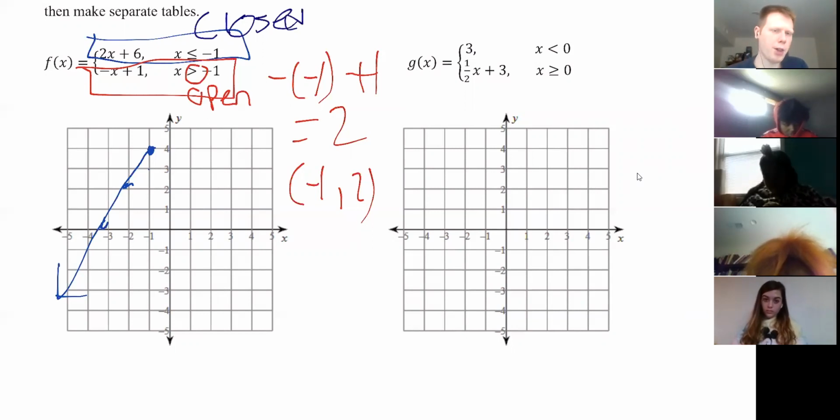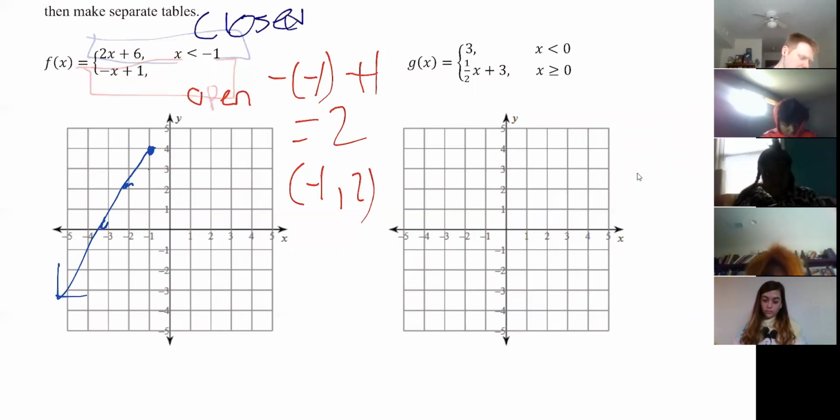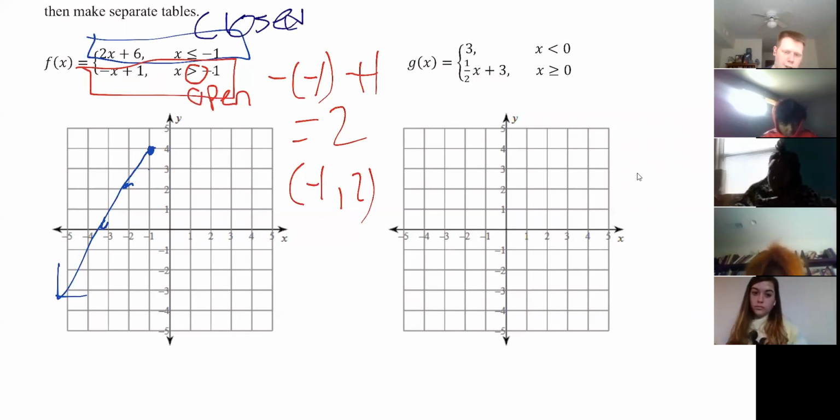Okay, the reason we're plugging in -1 is because in this domain, see how it's x is greater than -1? That's where this part of our function is going to start. So you always plug in the value that's with that inequality, because that tells you where that function starts.